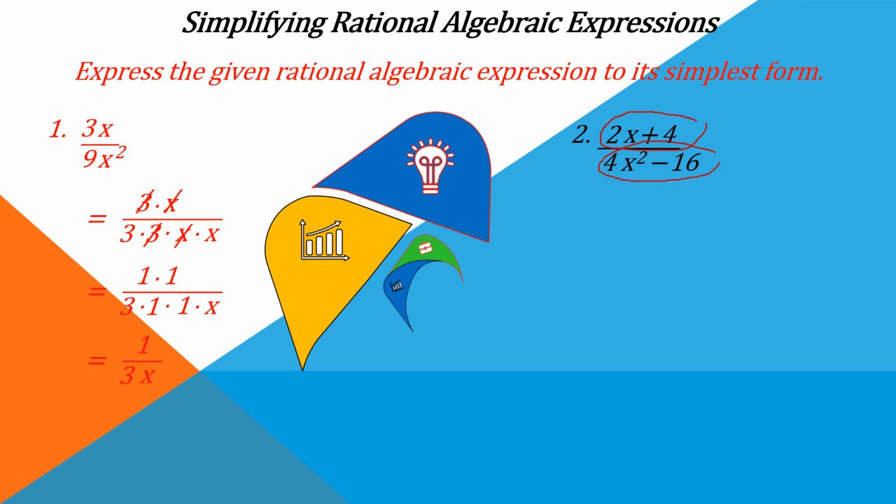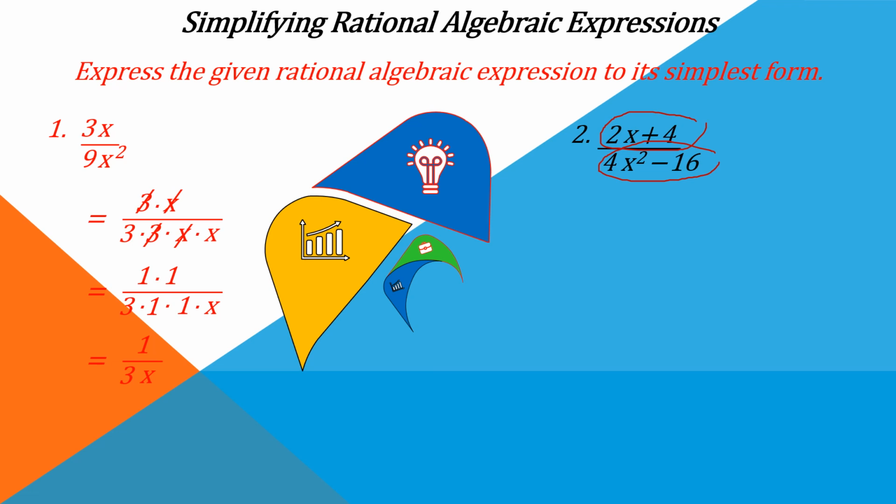As I have told you, algebraic expressions can be composed of polynomials, and a binomial is considered a polynomial. Now, the first step is to factor the numerator and the denominator. And as I have told you, in factoring the numerator and denominator, we must bear in mind that we should have a common factor.